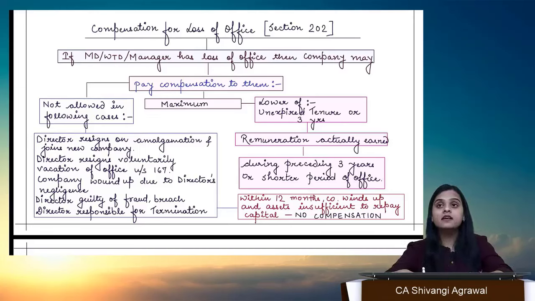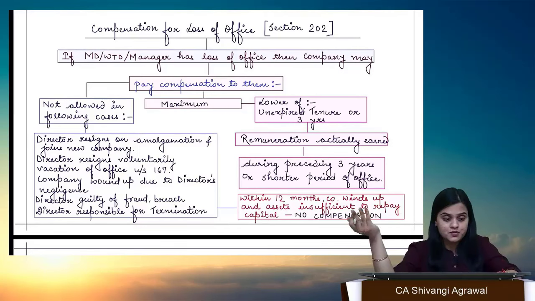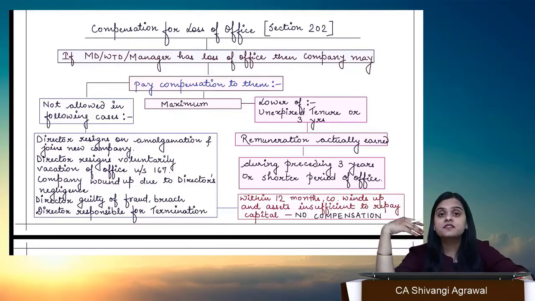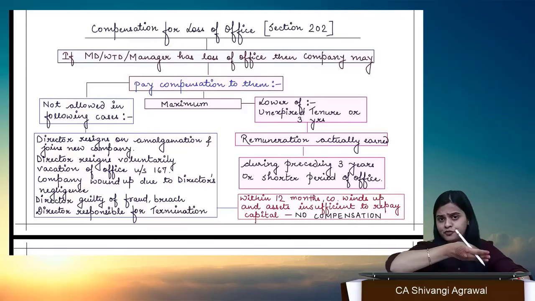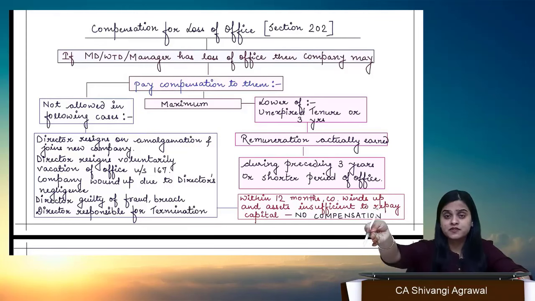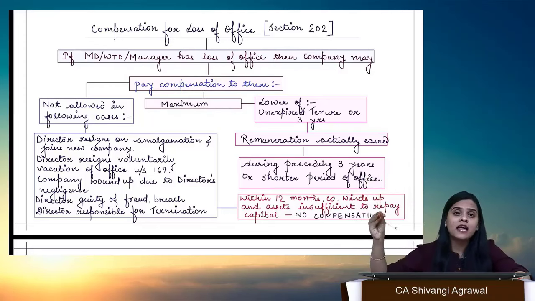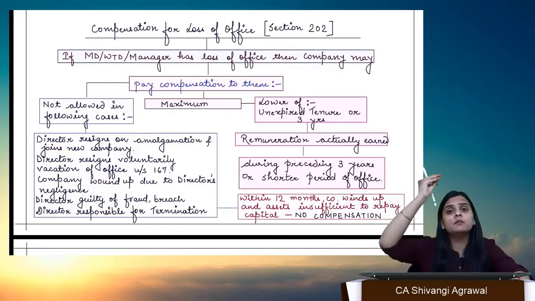When the director has got another office pursuant to amalgamation or reconstruction, when the director has himself resigned, when any disqualification is attracted to him and he has to vacate the office, when due to the negligence of the director winding up has started, when not due to negligence of the director, winding up has commenced either before leaving or within 12 months of leaving, and the amount after repaying all liabilities is not even sufficient to repay share capital.